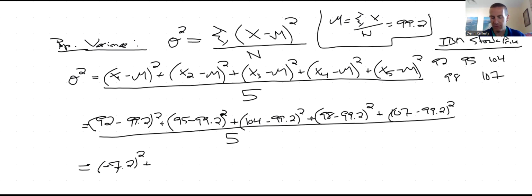95 minus 99.2 is negative 4.2, squared, plus 104 minus 99.2 is 4.8, squared, plus 98 minus 99.2 is negative 1.2.